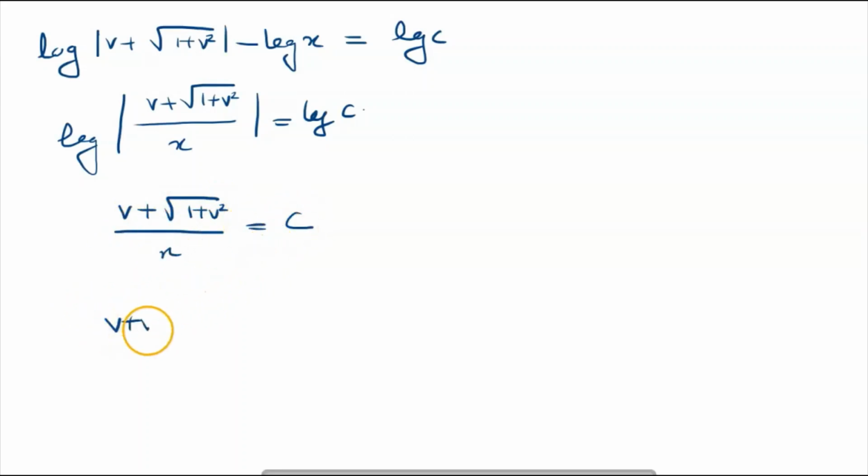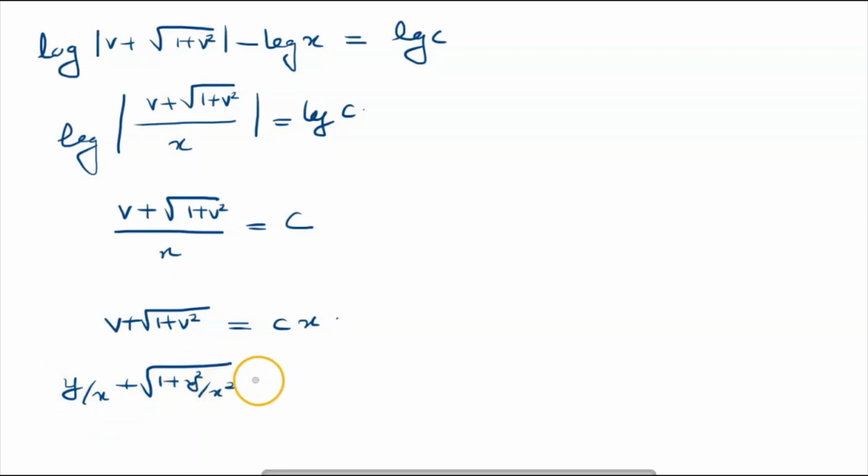That is v plus root of 1 plus v square equal to cx. v means y by x, plus root of 1 plus y square by x square equal to cx, that is y plus root of x square plus y square, all divided by x square.